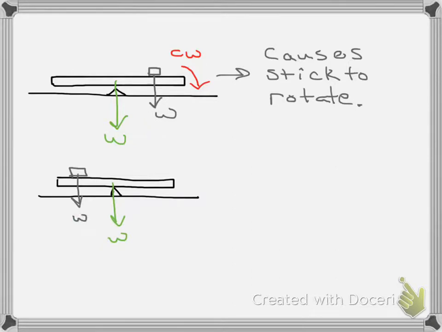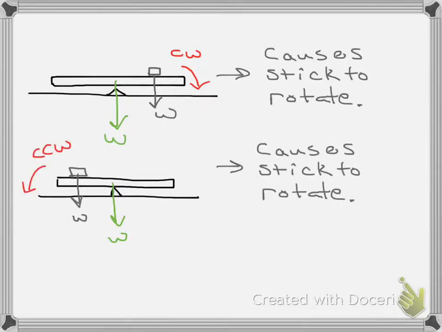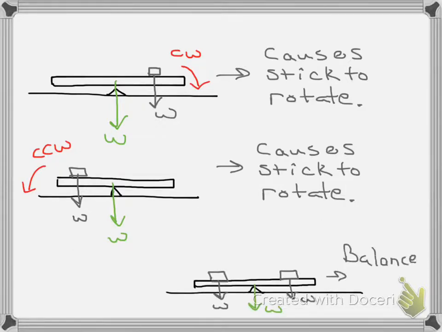If instead I put a mass on the left-hand side, this is also going to cause the meter stick to rotate, in this case in a counterclockwise direction. If I put them both together, one on the right-hand side and one on the left-hand side, and they are positioned just right, then I can get balance again.